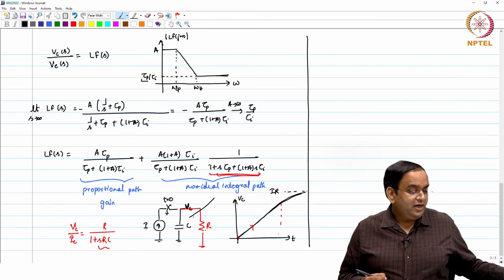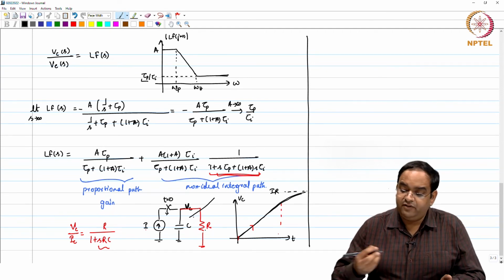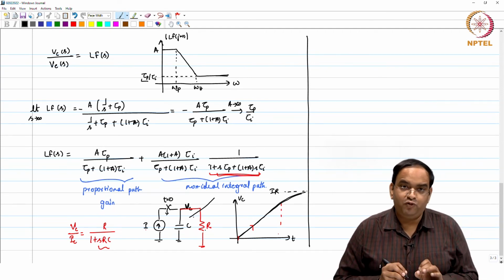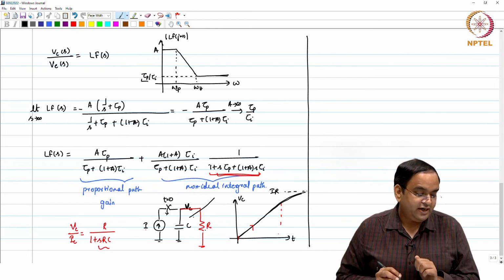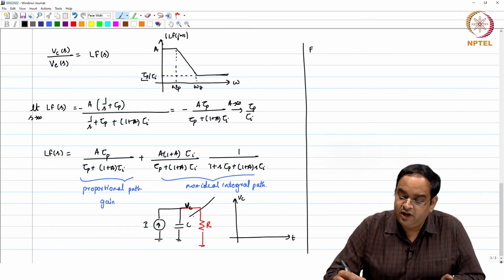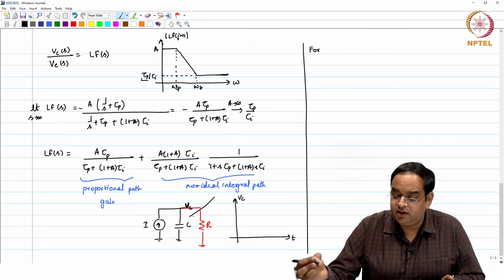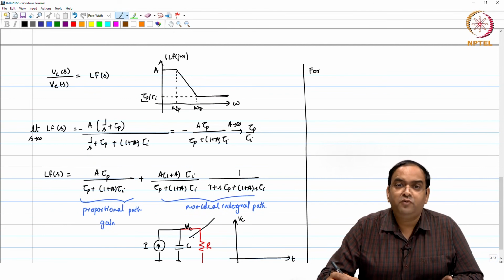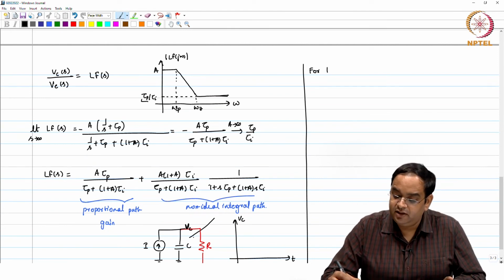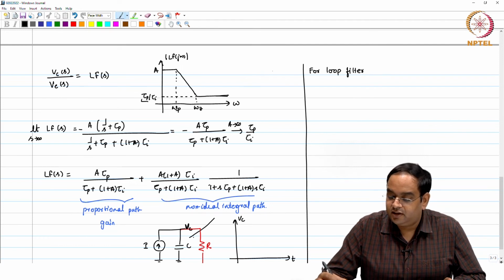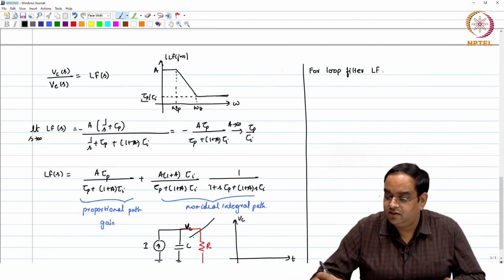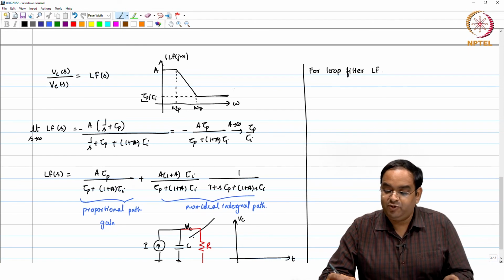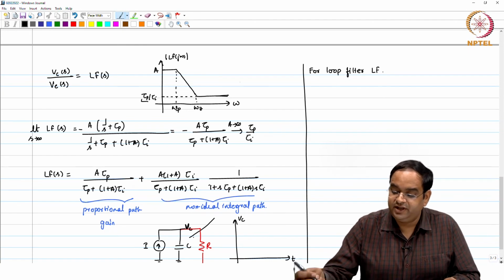What I can tell you is that for loop filters which do not have an infinite DC gain, that is, non-ideal amplifiers, or with DC gain which is not infinity, for loop filters L of f in general, we have to understand how this pull-in range is defined.